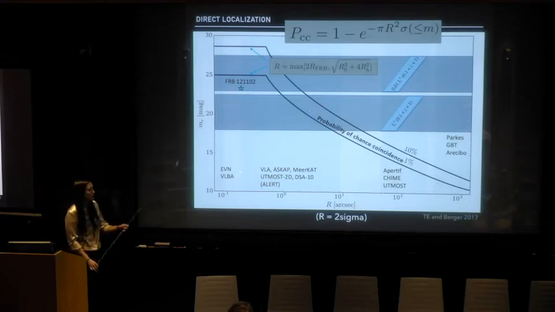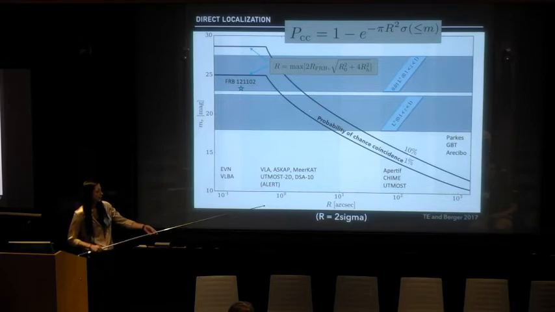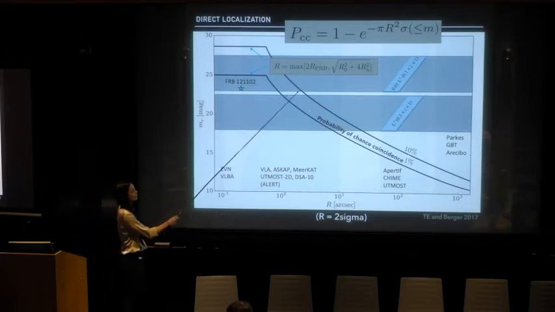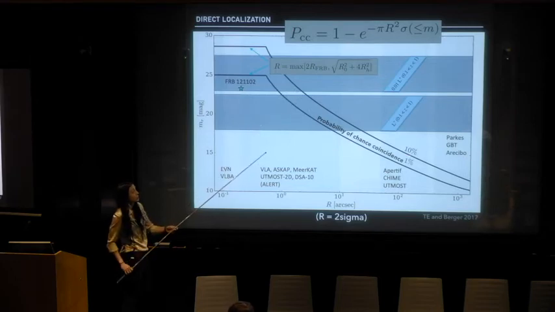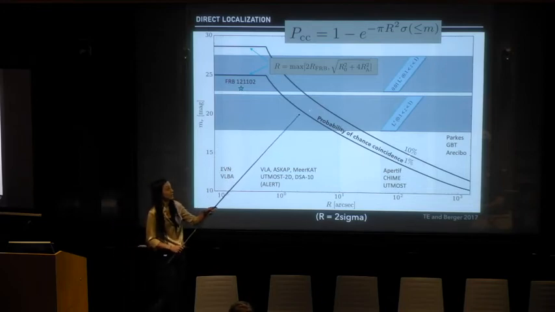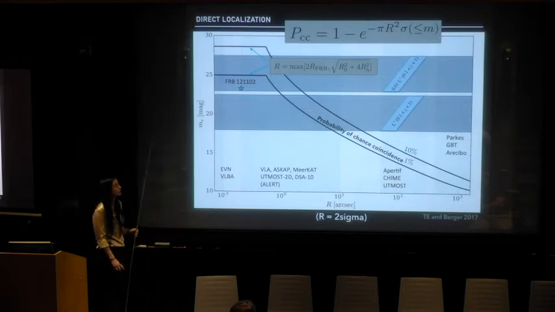The size of your region is parameterized in one of two ways: either based purely on the area of your localization, or for much smaller scales, in the sub-arcsecond regime, the dominant scale becomes either the size of the galaxy or the offset between the FRB and the galaxy. And that's what's defining this plateau here.